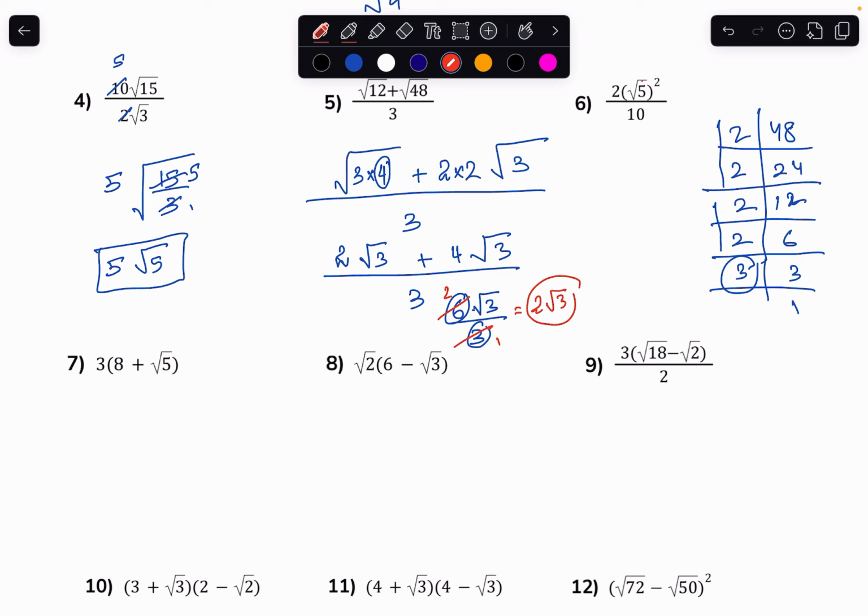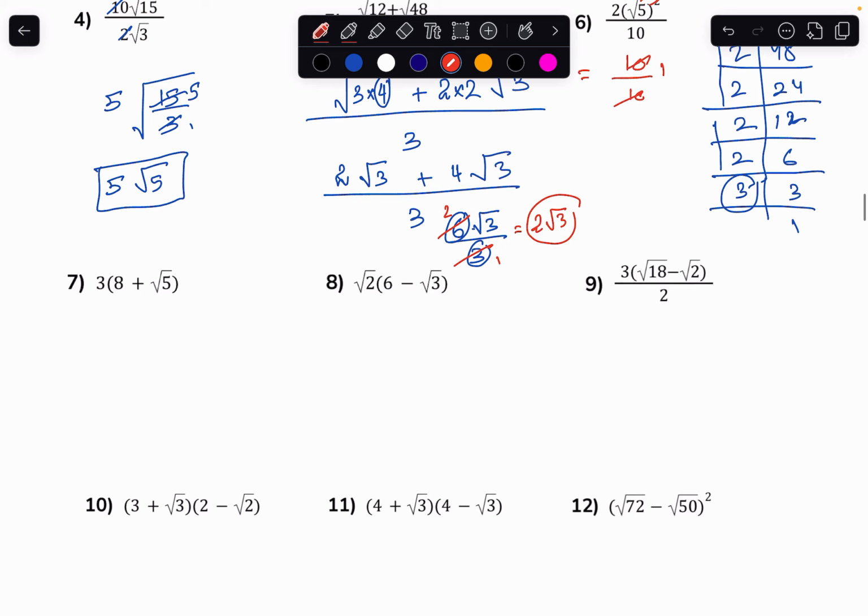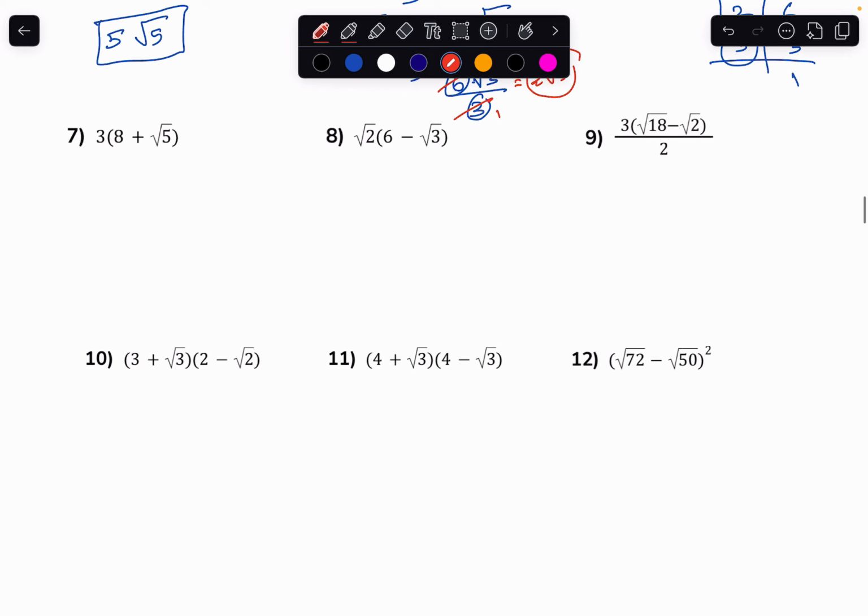Now this square and this cancel out. 2 times 5 is 10. 10 over 10 is 1. This is simple. This is simple multiplication, expansion of brackets. 24 and root 3 root 5, right?